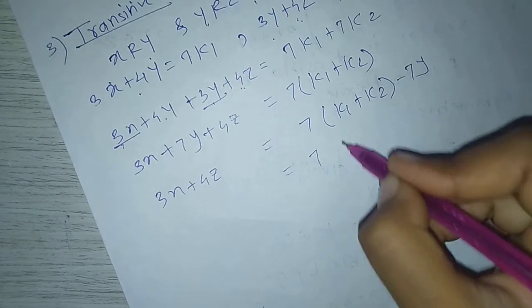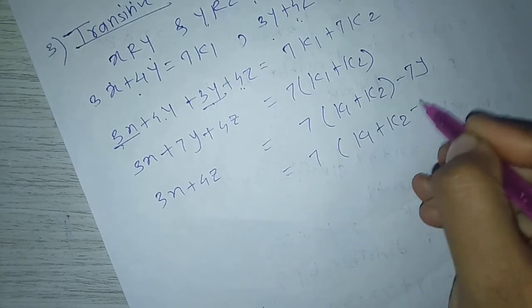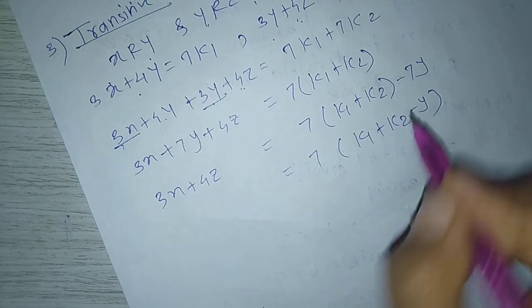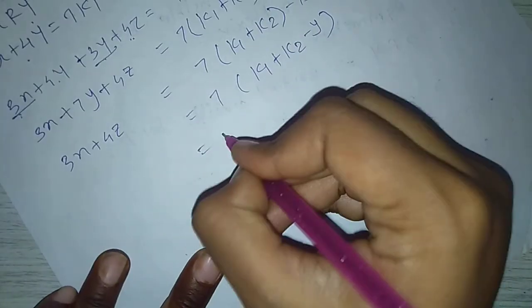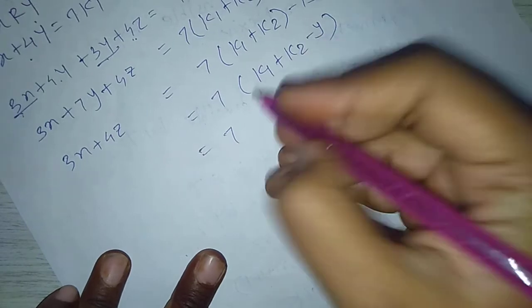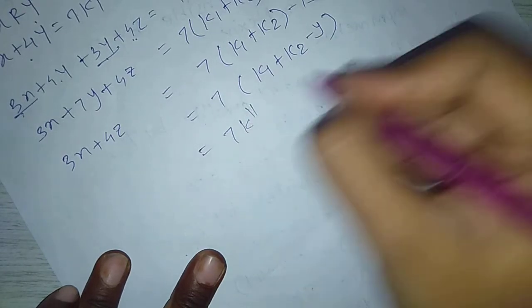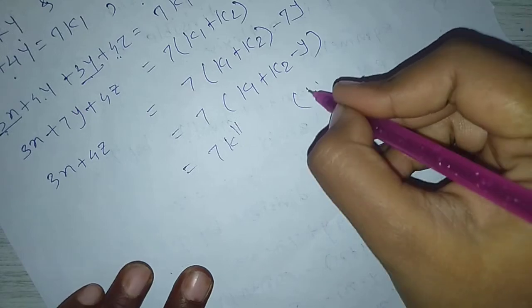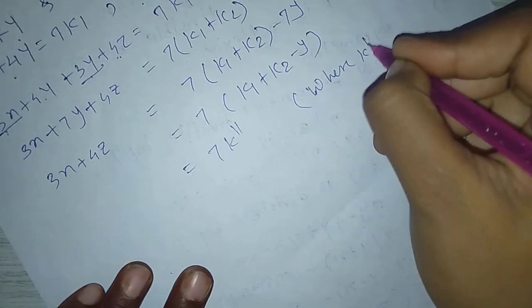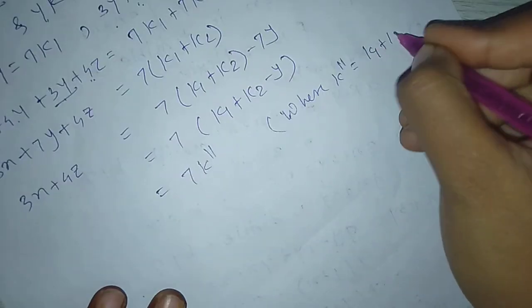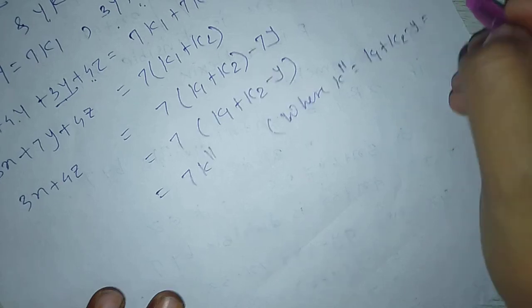Take 7 common: 7(k1 plus k2 minus y). Here k1, k2, y belong to Z. Therefore, their addition and subtraction also belong to Z. Let k double dash equal k1 plus k2 minus y, which belongs to Z.